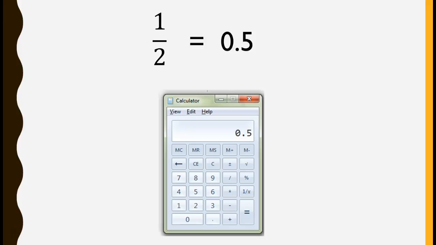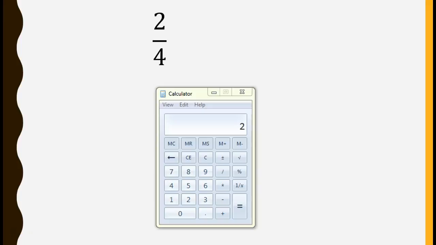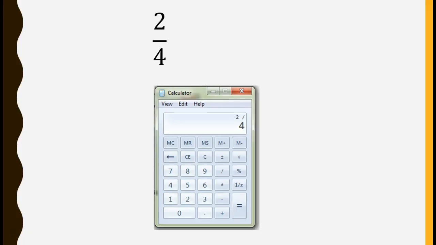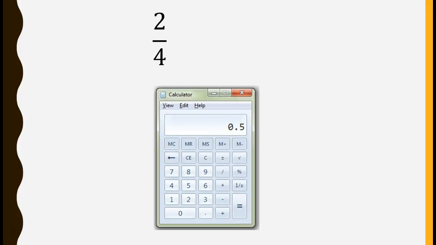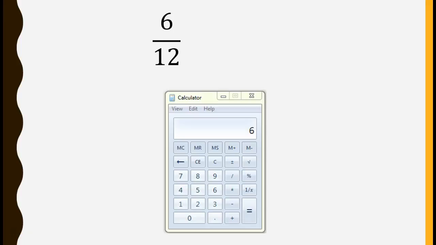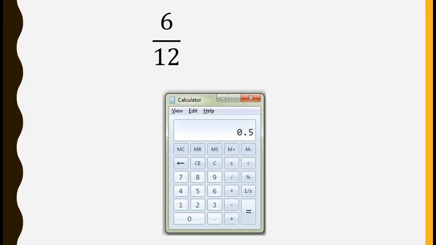Okay, let's do the next one. 2/4. Click 2 divided by 4 equals, oh my goodness, look at that, 0.5. Okay, let's look at our third one, 6/12. 6 divided by 12 equals 0.5.